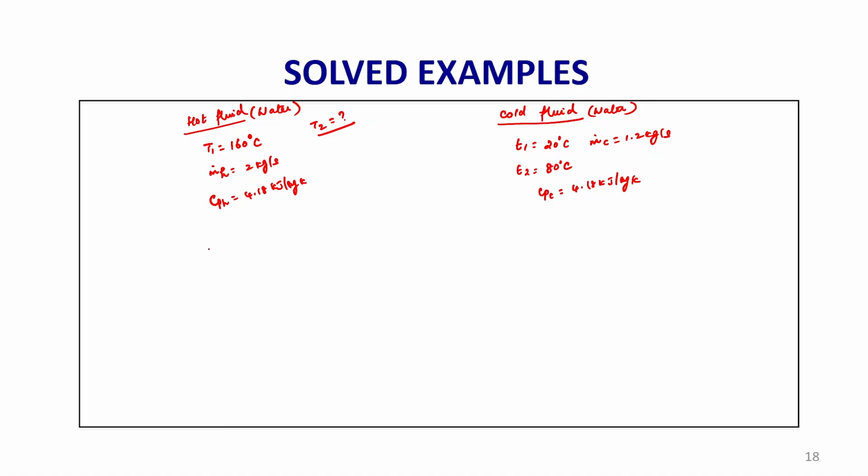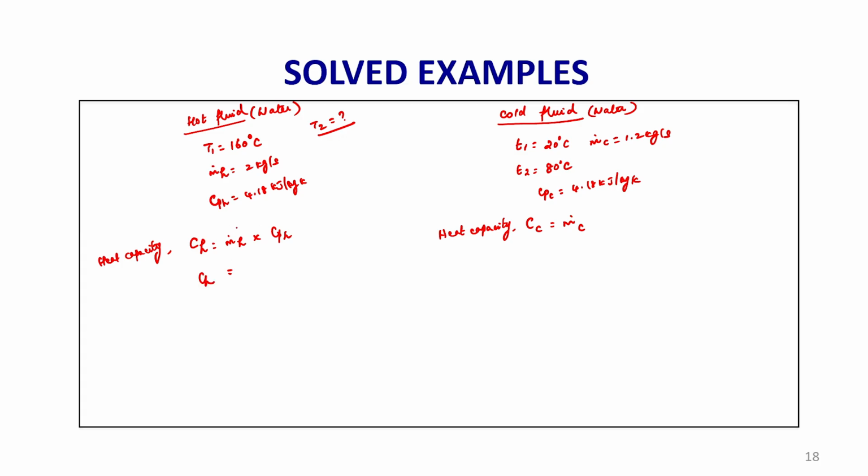So heat capacity C_h is equal to m dot h into specific heat of the hot fluid. Similarly, for the cold fluid it is m dot c into specific heat.